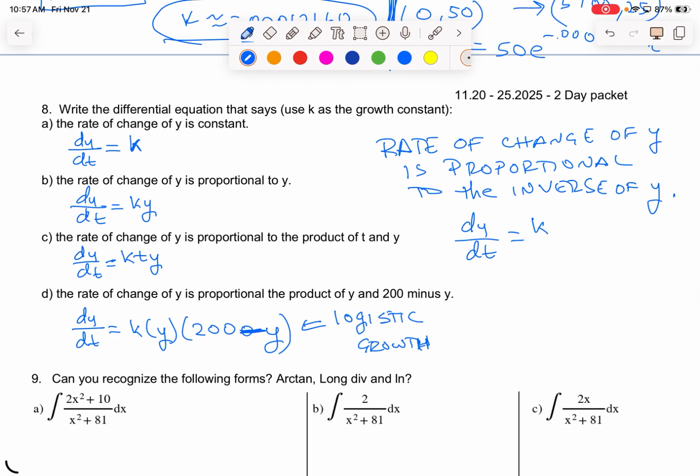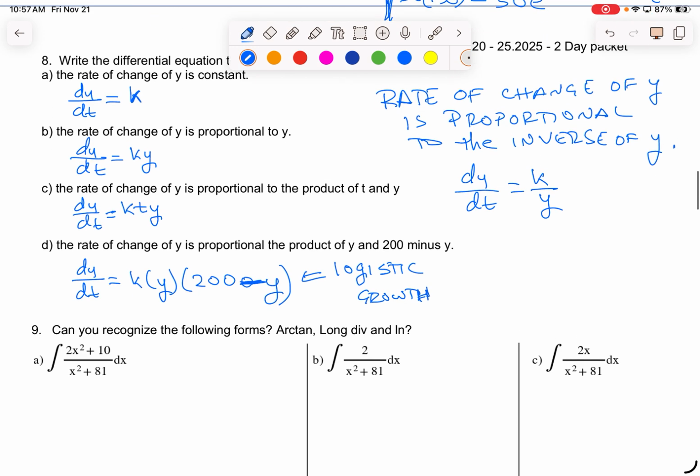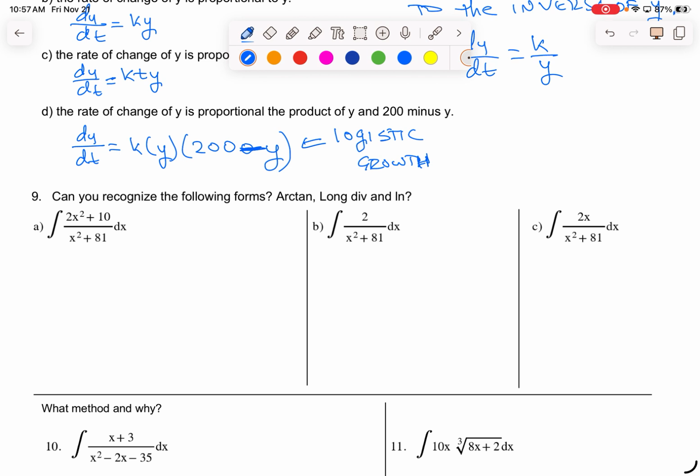So now, the antiderivative of 2 is just 2x. And the 152 over x squared plus 81 is our arctangent. So it's minus 152 over 9 arctan of x over 9 plus c.